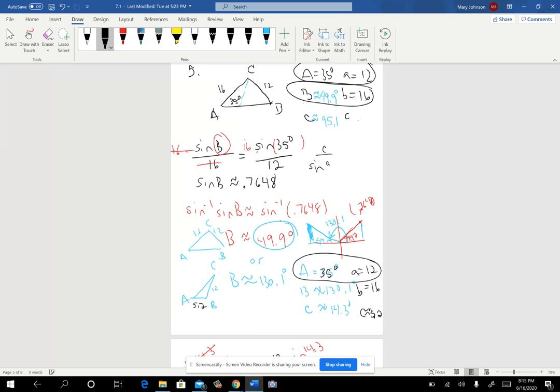Here it should be much longer. Okay, so I'm going to do 12 times sine of 95.1, and then I'm going to divide that by the sine of 35. And there, the little c would turn out to be about 20.8.